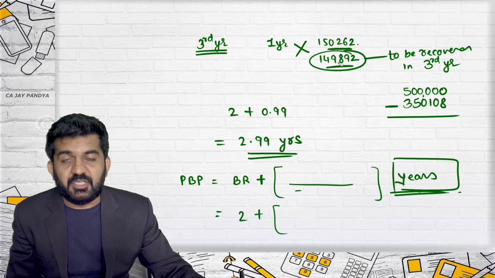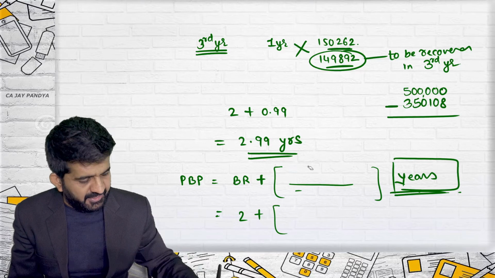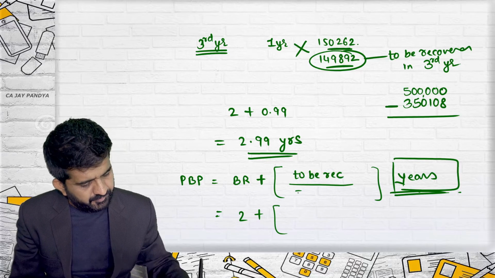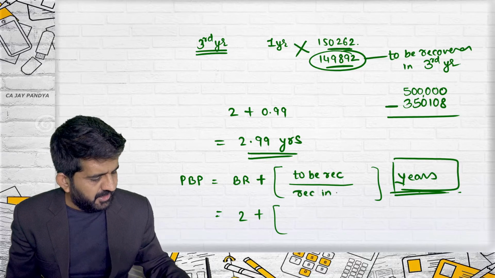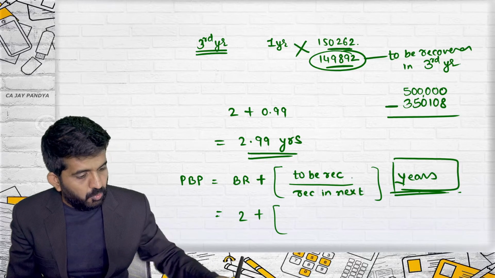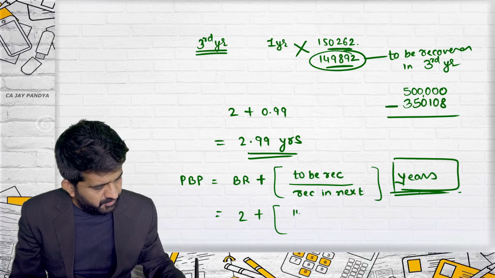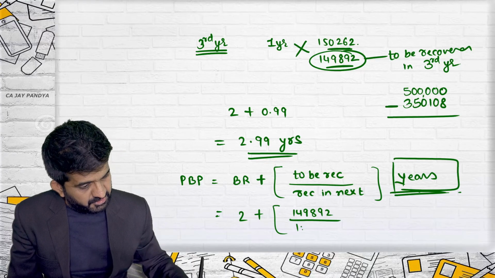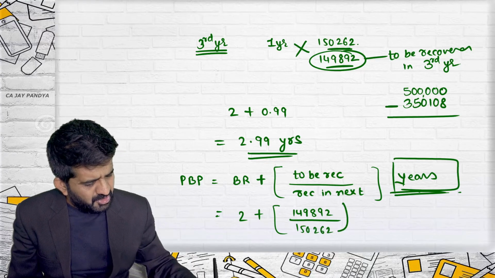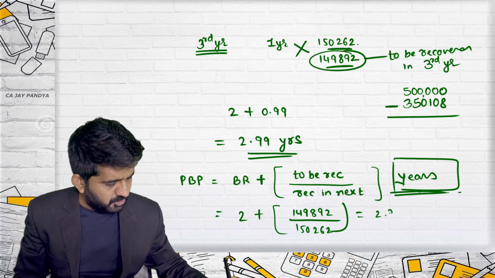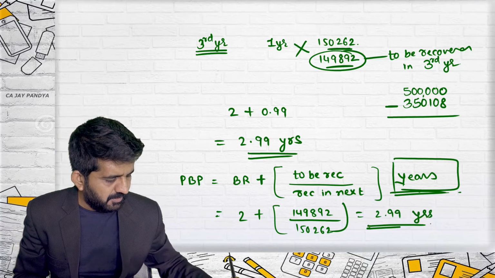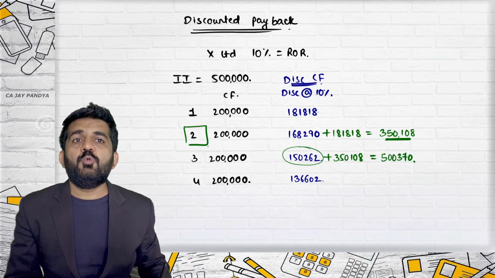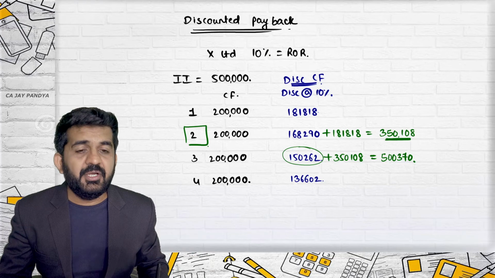We were multiplying this with 1 and dividing this. So to be recovered in the next year divided by recovered in the next year: 149,892 divided by 150,262. So that point answer will be correct. This will be 2.99. The answer will be in years. This is the discounted payback period method.